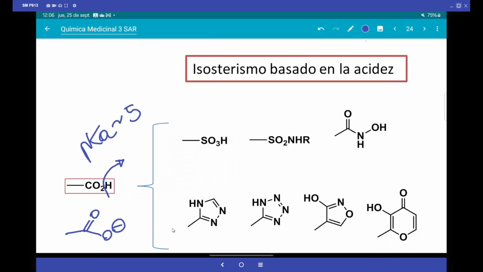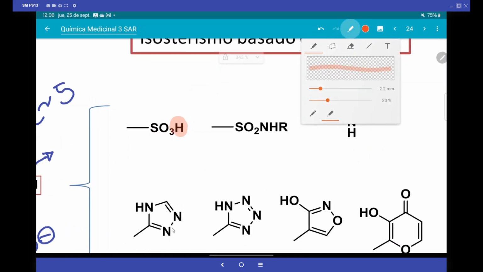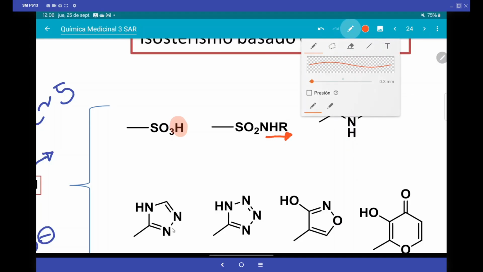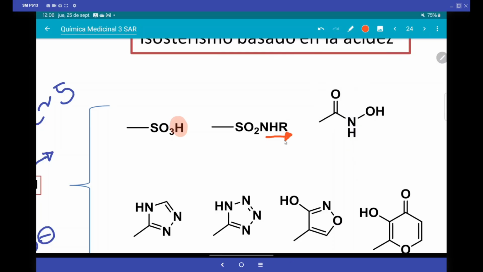In the first case, we have a sulfuric acid that releases the proton. We are marking the acid proton. The latter, as long as the R is electronegative. If the R is electronegative, from here the proton comes out, as this group is a sulfonamide.